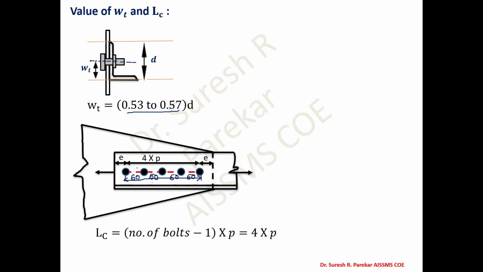So LC, that is center to center distance between end bolts, is my value of LC. Now we have WT and this will be D minus WT. That we require next, that we will see.